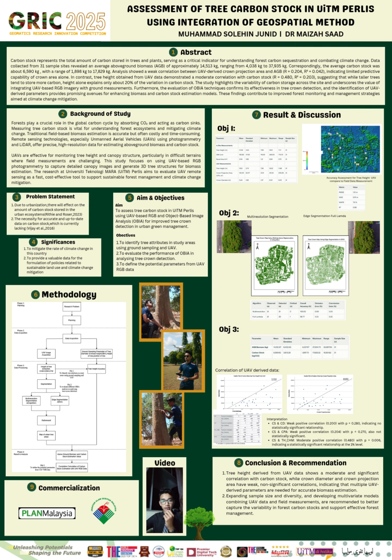And also I provide the table that shows the Pearson correlation for the interpretation of all the data, the scatter plots and also the table. We can see the carbon stock and the crown diameter is a weak positive correlation, also indicating no statistically significant correlation because the Pearson's correlation value is about 0.2.